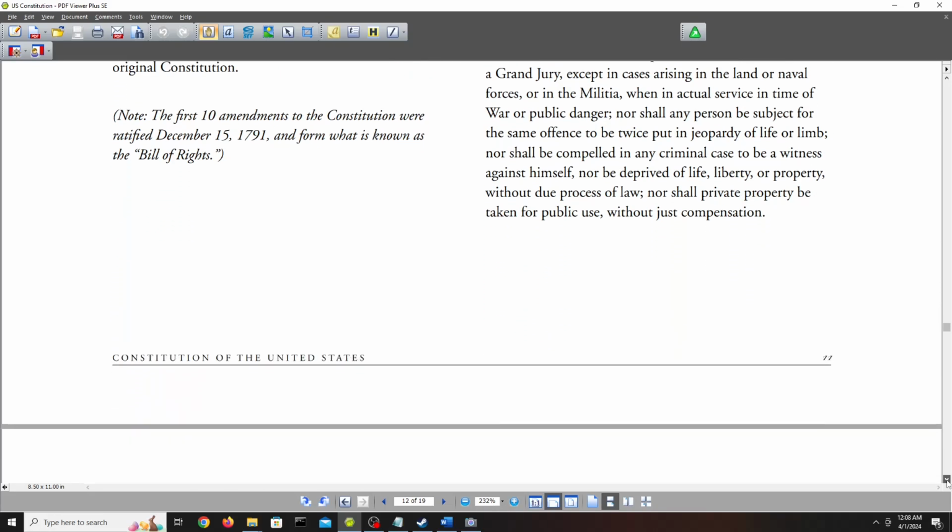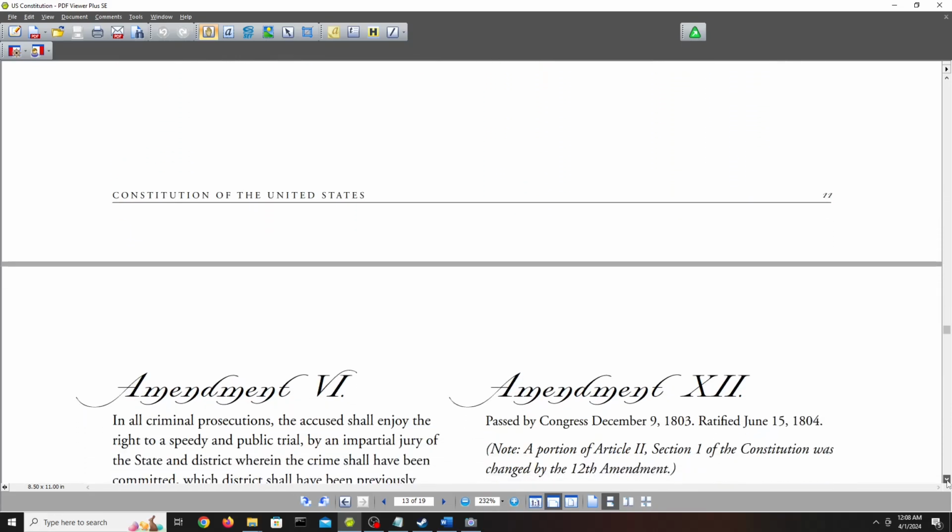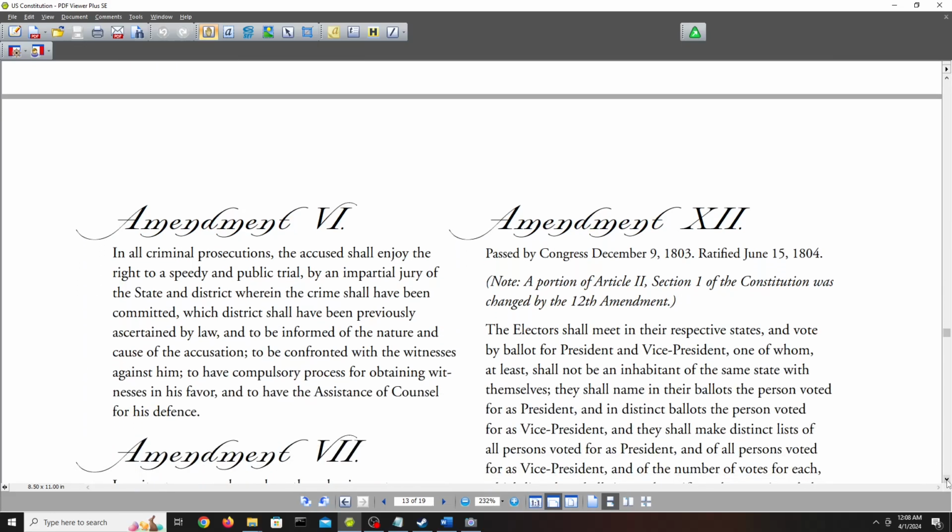And then the sixth component of the checks and balances system is the common law petit jury, or trial jury, as you guys are more familiar with. It's the one that says guilty, not guilty.